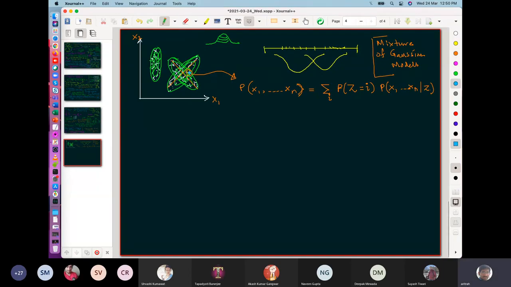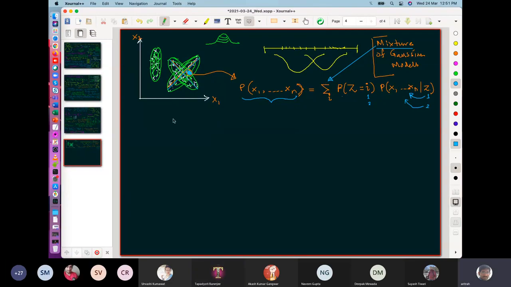Let me come again. This point can be drawn from this and this. Both have an influence on this point being here. So the probability of that point being drawn from this particular position has been influenced by both Gaussians, suppose Gaussian 1 and Gaussian 2. With Gaussian 1, there is a probability of drawing it. Gaussian 2 will also have a probability of drawing it. This is nothing but doing a mixture. Right?